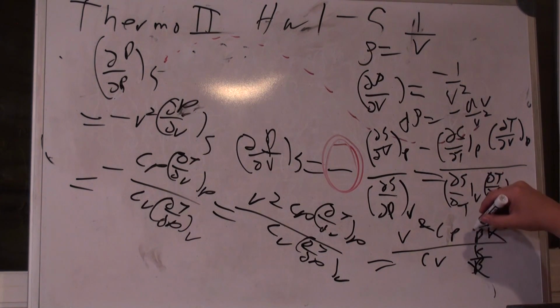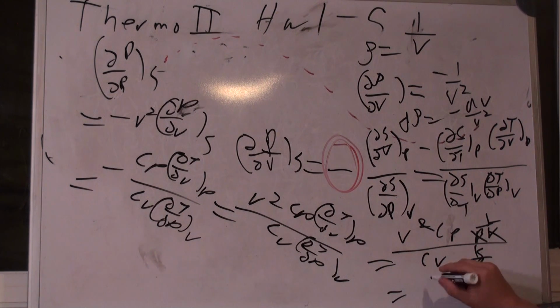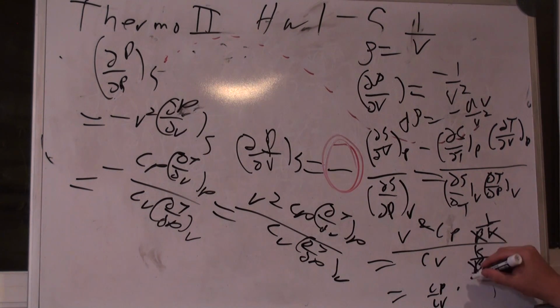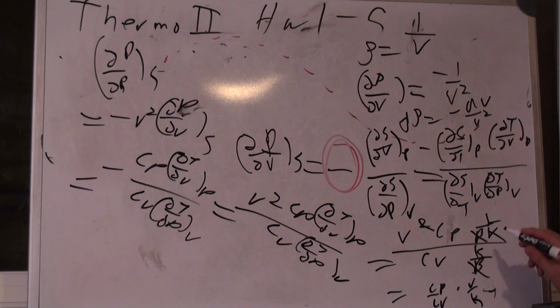That beta cancels out with that beta. So I have Cp over Cv times volume over kappa. But is volume a property? No. So I convert that to density. Cp over Cv kappa rho.